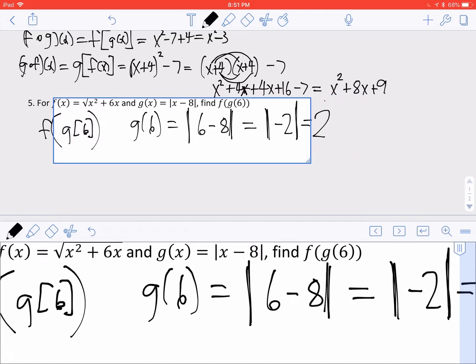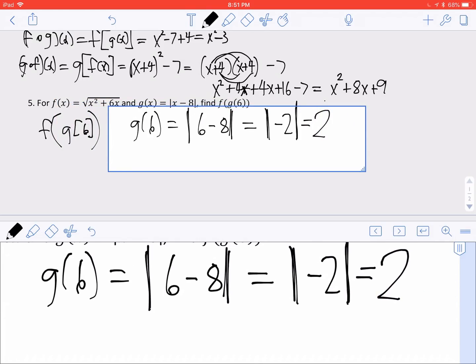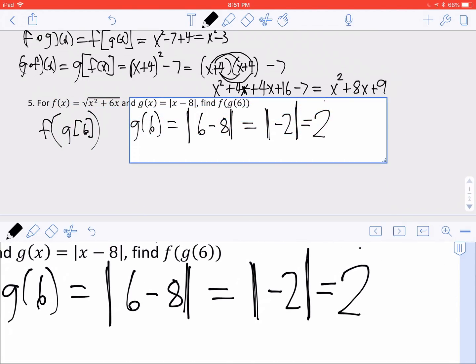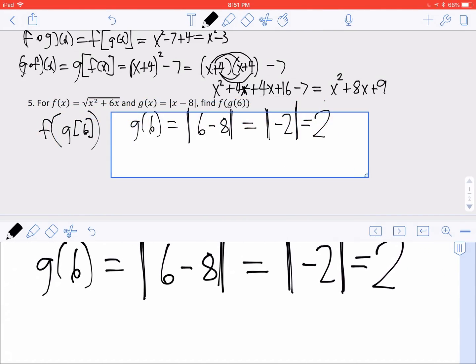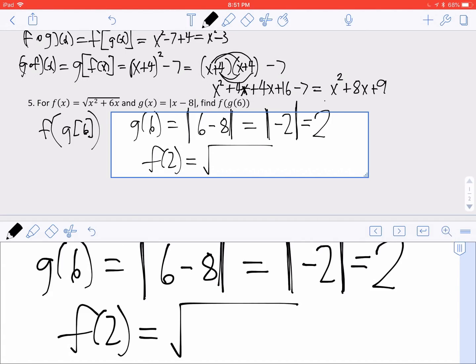So now that we found g of 6, we're going to find f of g of 6, which is now the same as finding f of 2. To do that, we'll plug 2 in. So now we have the square root of 2 squared plus 6 times 2.